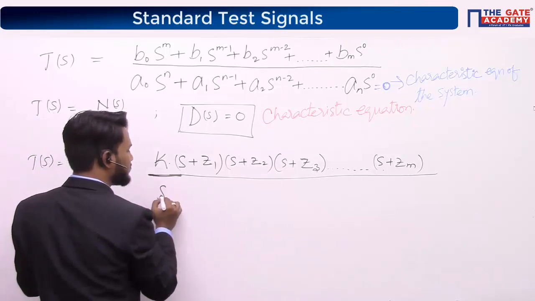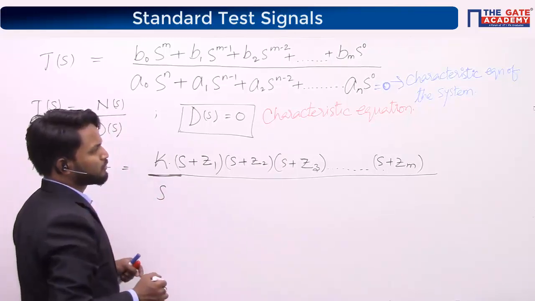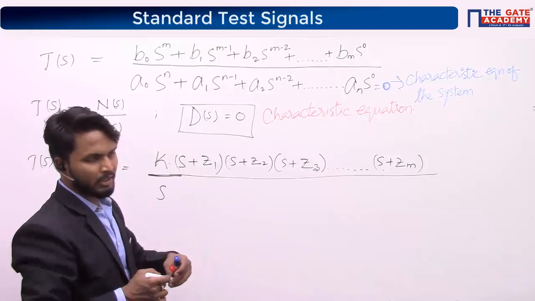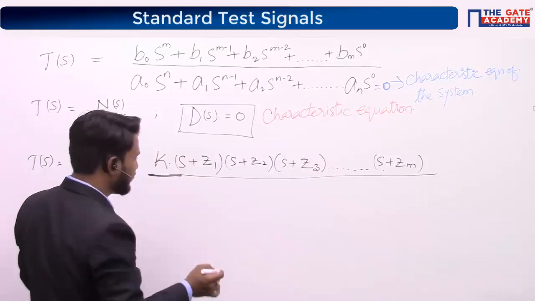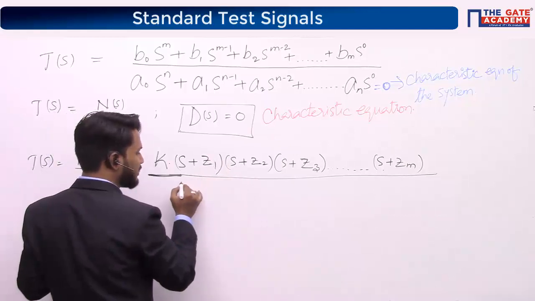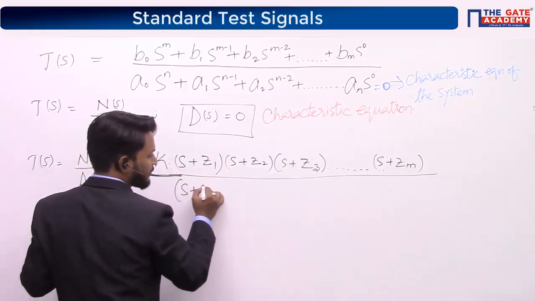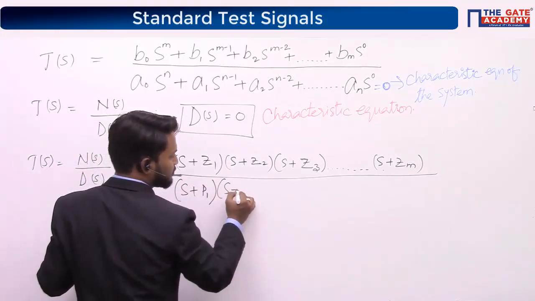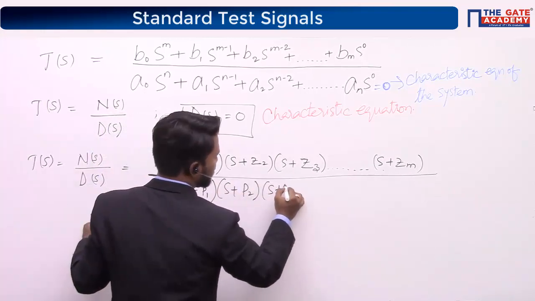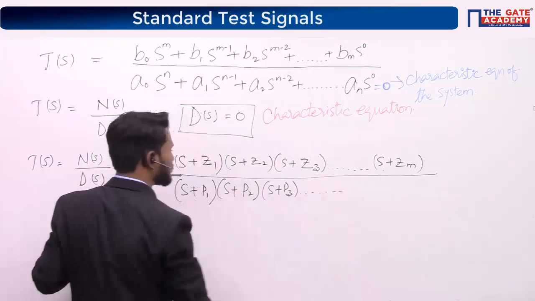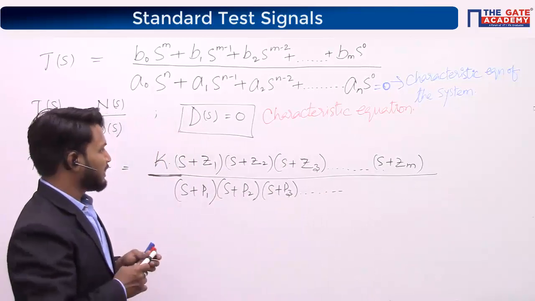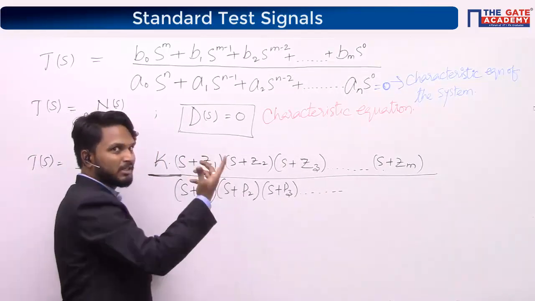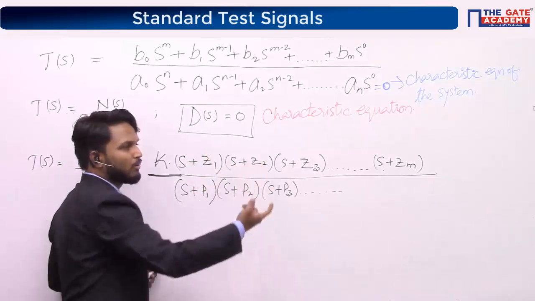Now I am factorizing the denominator. The numerator or denominator, whatever it is, might have roots at any place. So let us first of all consider it as S plus P1, S plus P2, S plus P3, and so on, which are the roots of the denominator. This Z1 can be 0 also, this Z2 can be 0 also.